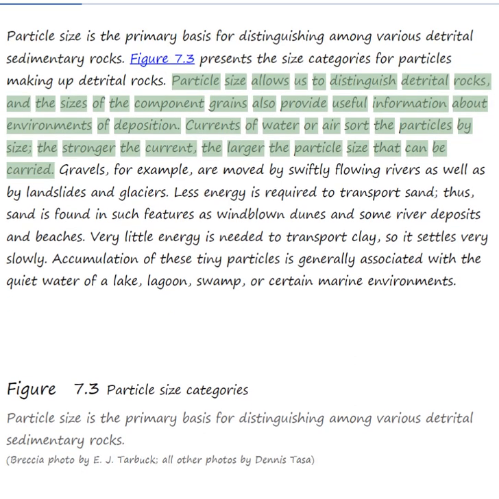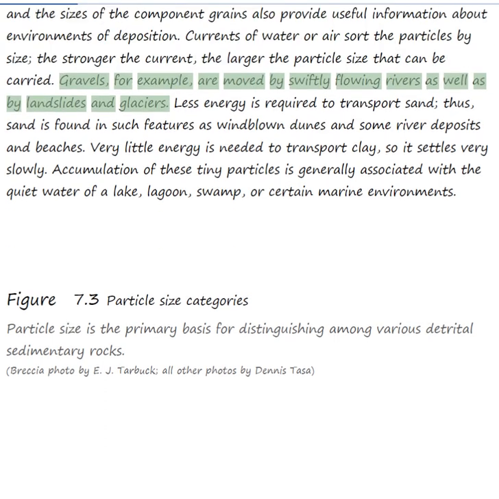Particle size allows us to distinguish detrital rocks, and the sizes of the component grains also provide useful information about environments of deposition. Currents of water or air sort the particles by size. The stronger the current, the larger the particle size that can be carried. Gravels, for example, are moved by swiftly flowing rivers as well as by landslides and glaciers.